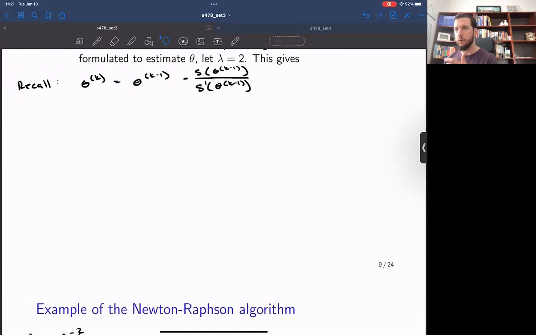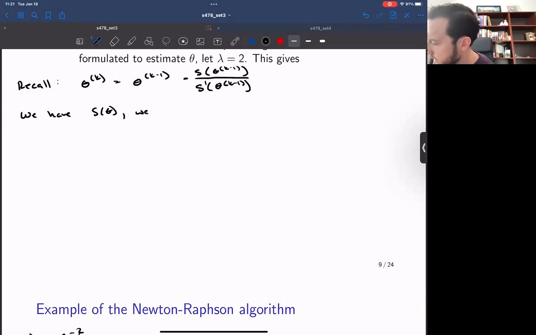We already have the score function. All we have to do is essentially sub theta k minus 1 into that value, so that's very easy to do. We know from the previous slide what the score function looks like. What we need then is the derivative of the score function. So we have S of theta, and we need S prime of theta, which is simply the derivative of the score function.